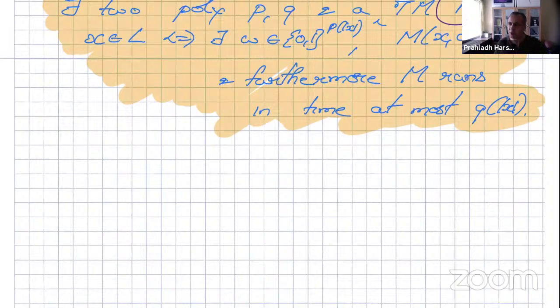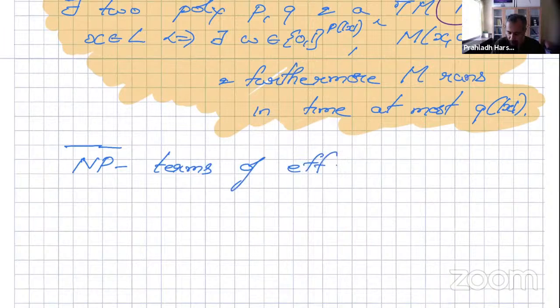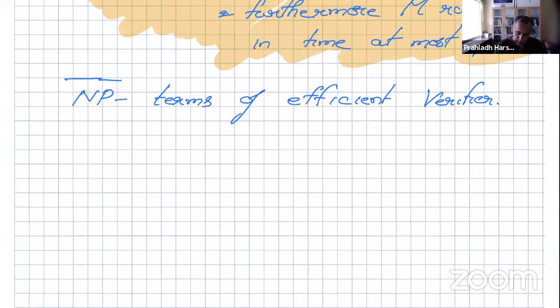So I have just about 5 minutes more. So I will do something else which I want to do, and I'll talk about this alternate definition. Right now the way I defined NP was in terms of this efficient verifier. But historically, this was not how NP was defined.